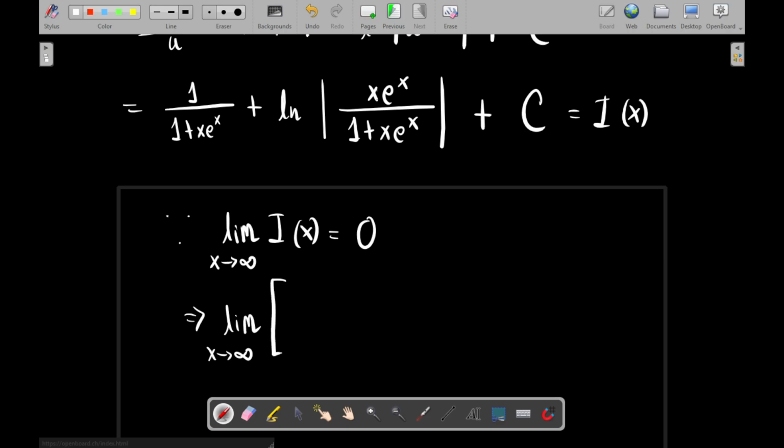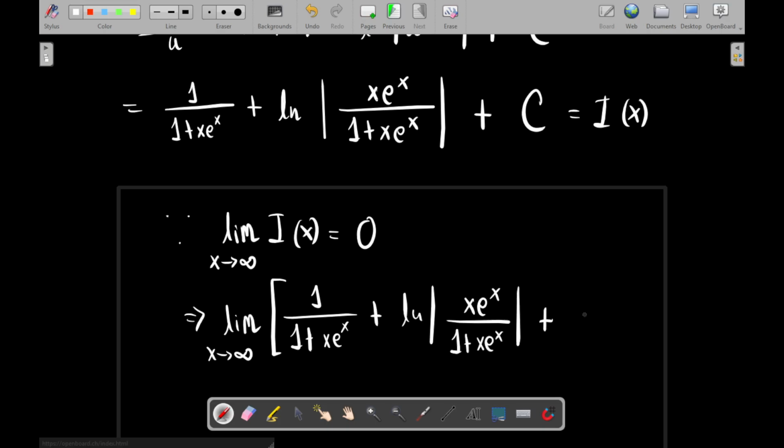So this is equal to 1 upon (1 plus x e to the power x) plus ln mod of x e to the power x divided by (1 plus x e to the power x), plus c. This is equal to 0.